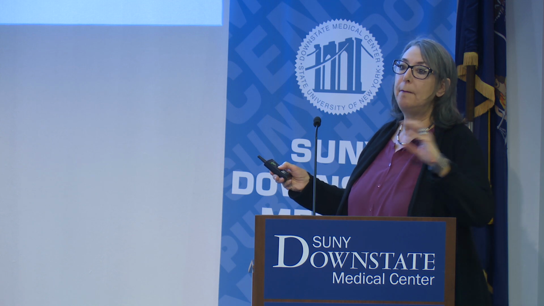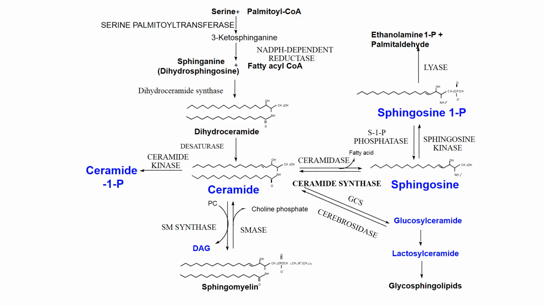So these two molecules, palmitoyl-CoA and serine, start condensing together to form the backbone of sphingolipids, which is this basic sphingoid, 3-ketosphinganine, which is then quickly reduced to form dihydrosphingosine, and then it's acylated, so another fatty acid is added to make dihydroceramide.